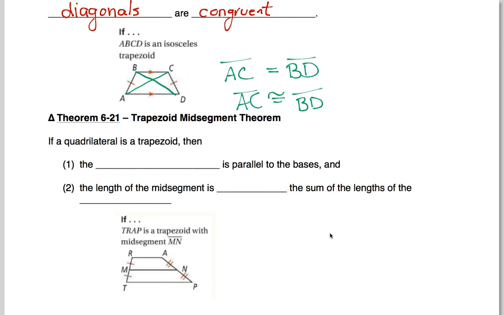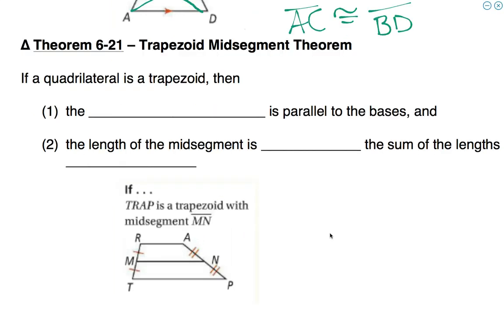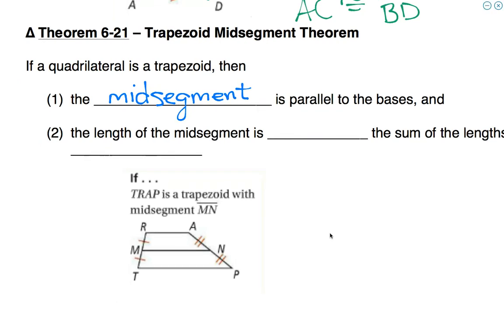Theorem 6.21. If a quadrilateral is a trapezoid, then the midsegment, a word that we have had before, is parallel to the bases. So here's that midsegment. Since it's a midsegment, yes, it splits those legs into two congruent halves.